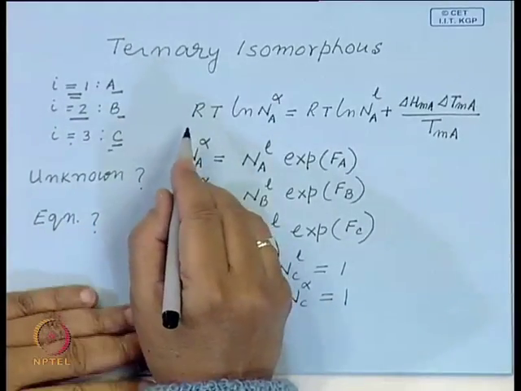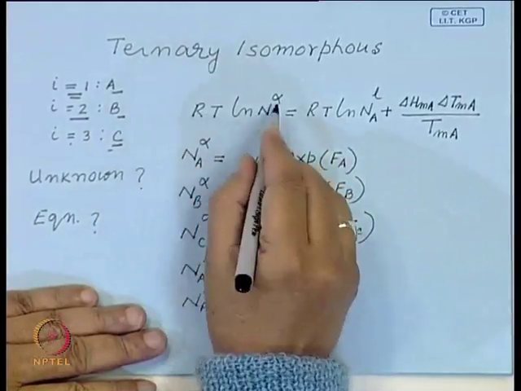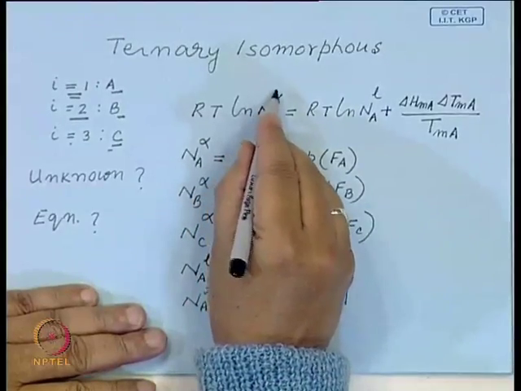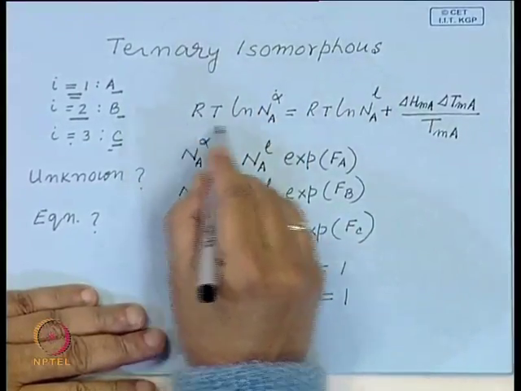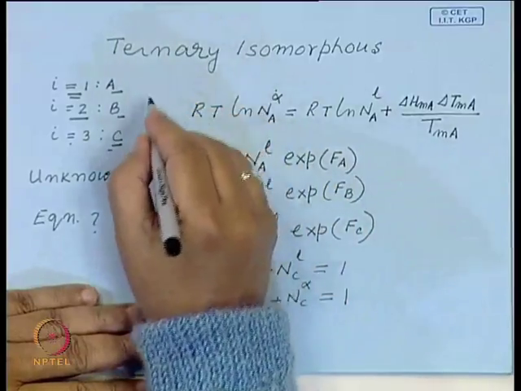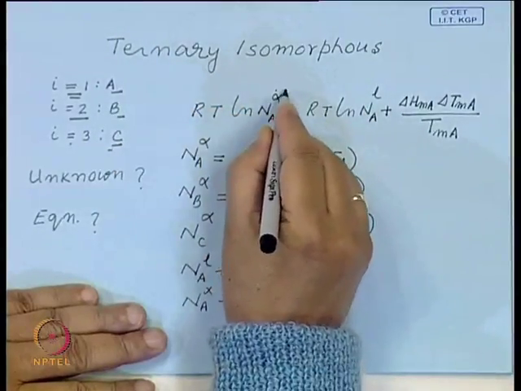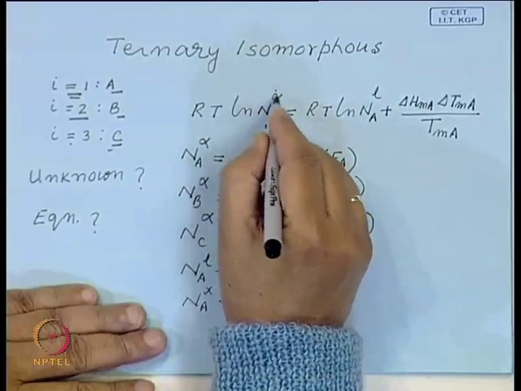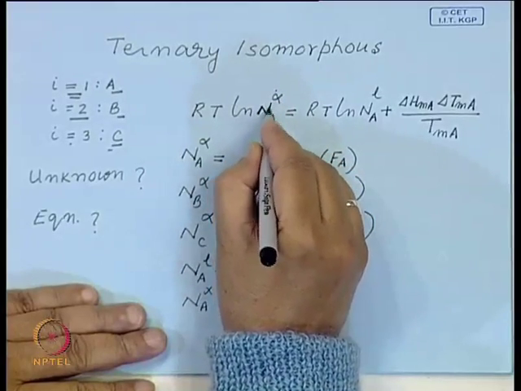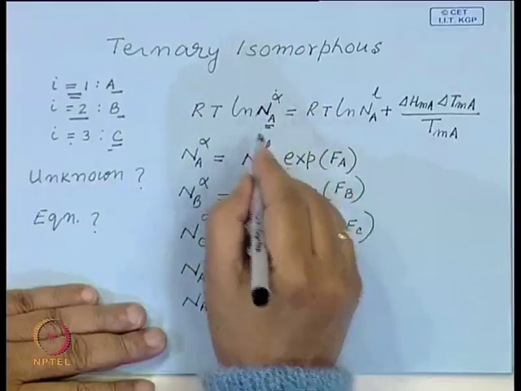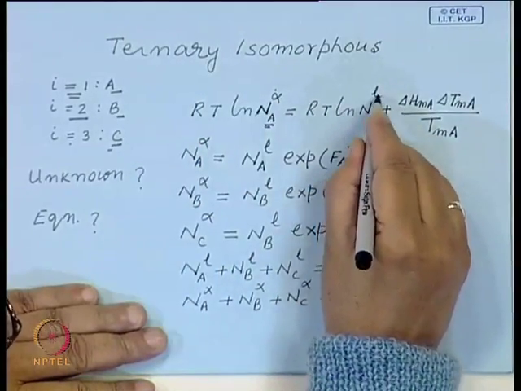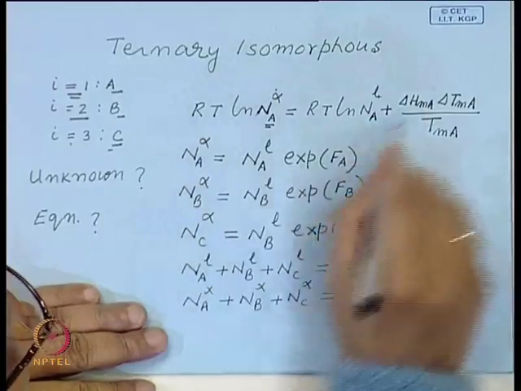If you look back at your lecture, if you equilibrate the chemical potential of A in solid and liquid, it is possible to write down, that is equilibrium, the chemical potential of A in solid, that is alpha. N A is the atom fraction of A in alpha. This is equal to N A L, the atom fraction of A in liquid.